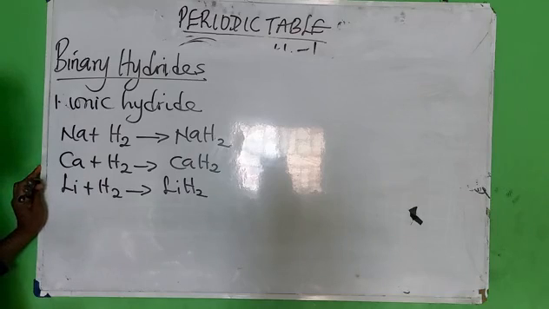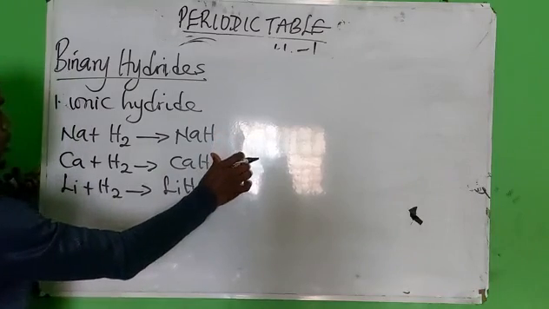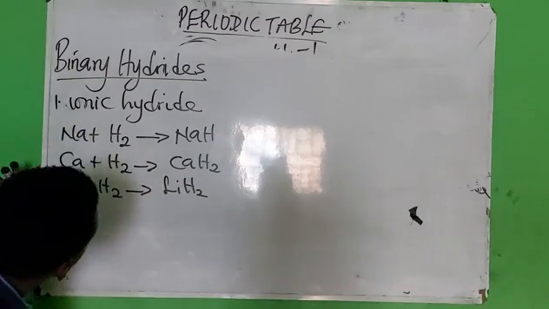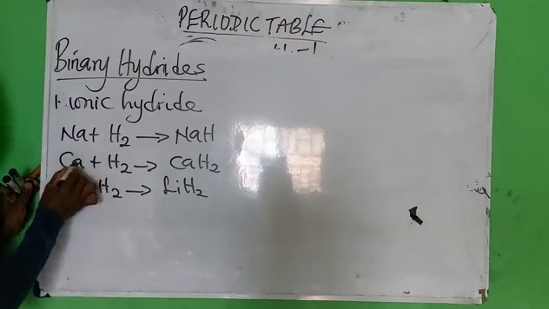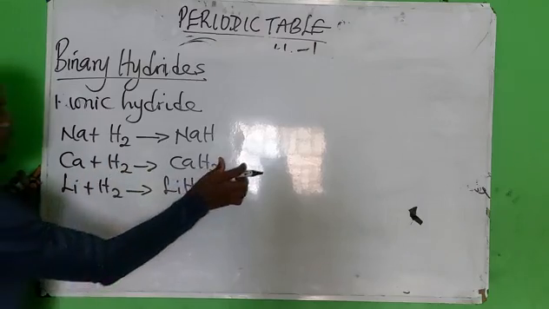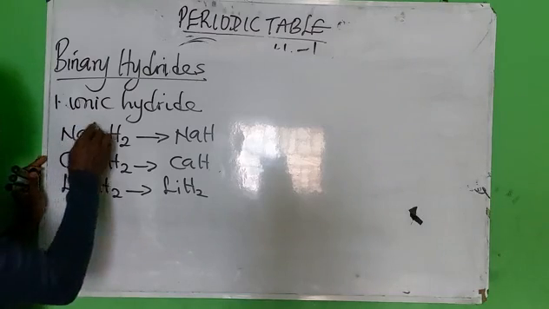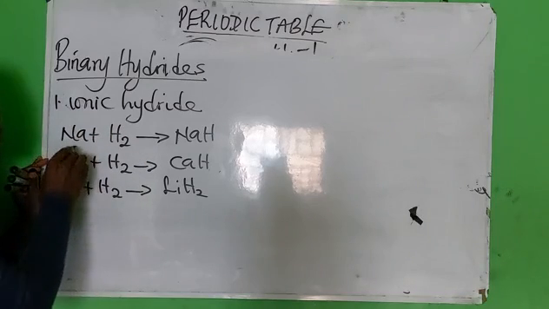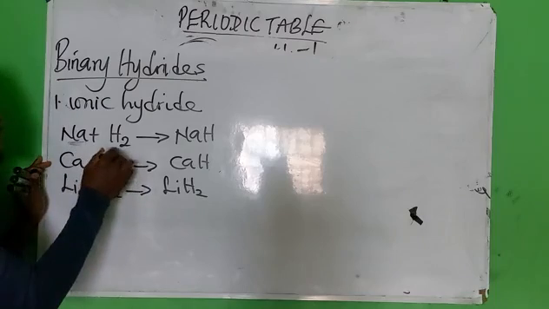So what I have here are examples of ionic hydrides. They are formed when less electronegative elements are reacted with hydrogen gas.